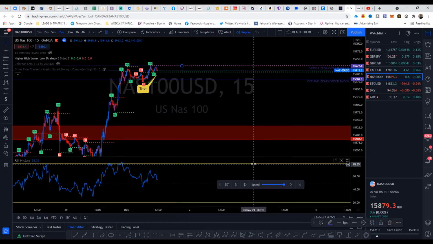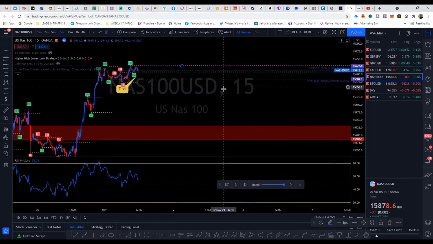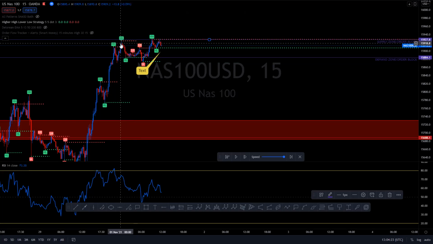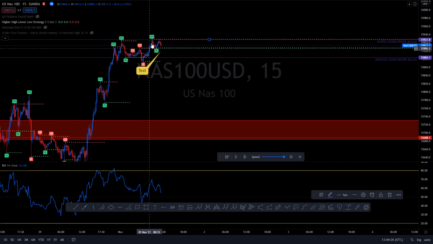So then what I started to look for was, I said to myself, okay, so price is resisted this at least 2 to 3 times. So I'm actually looking for price to actually trend on down and actually break this structure.